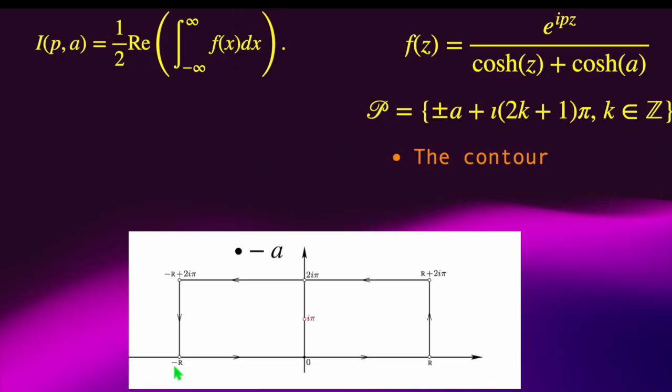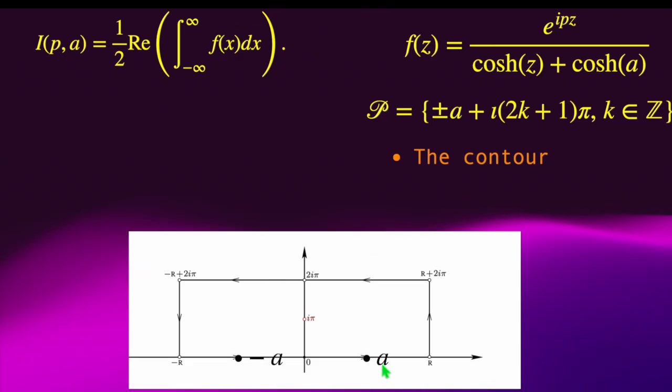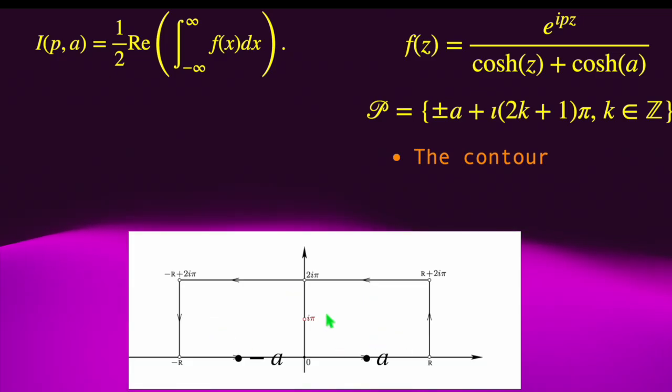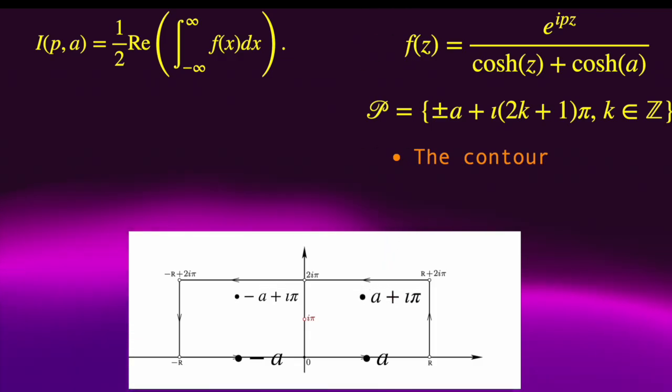Now we take R bigger than a, because we can do so since R at the end will go to infinity, and inside this contour we have two poles, a plus iπ and minus a plus iπ.